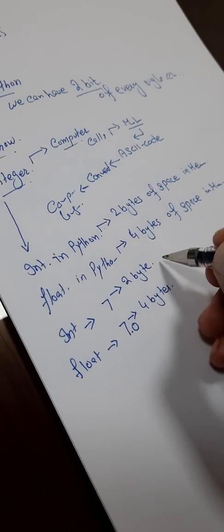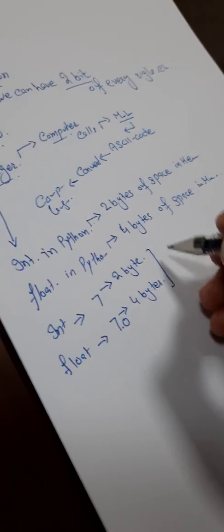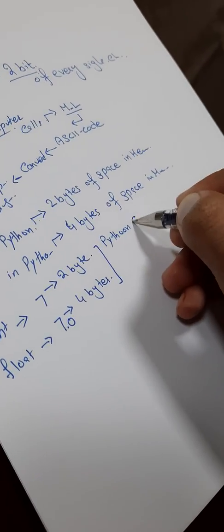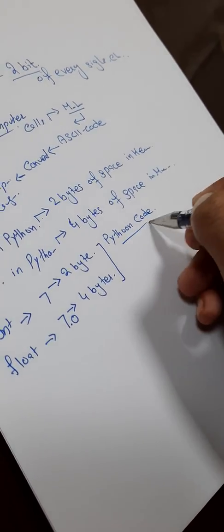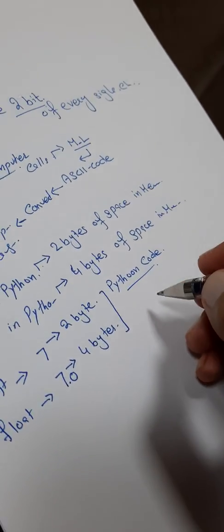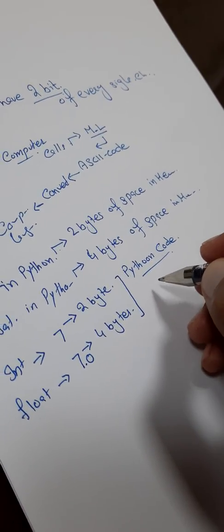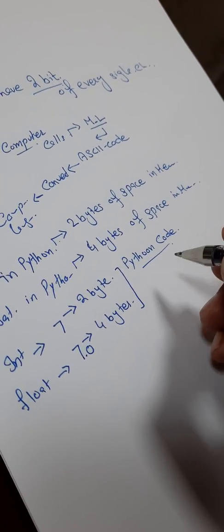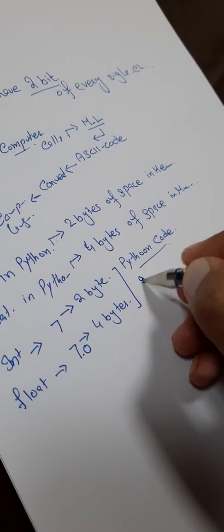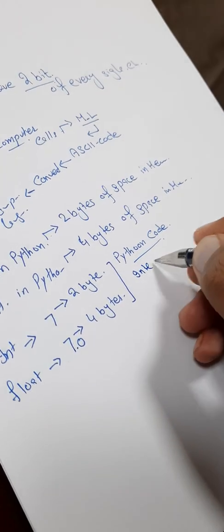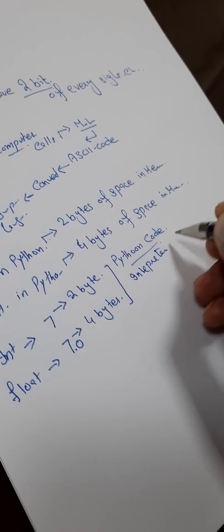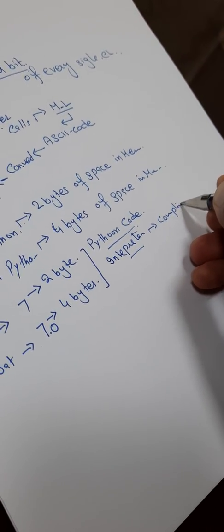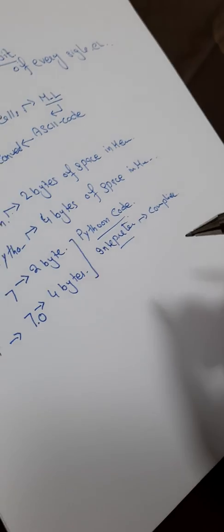Now, come to the point. Python code. While we are working in a computer system, the computer can easily understand whatever you write in your interpreter, or you can say a compiler, where your computer program can be compiled.